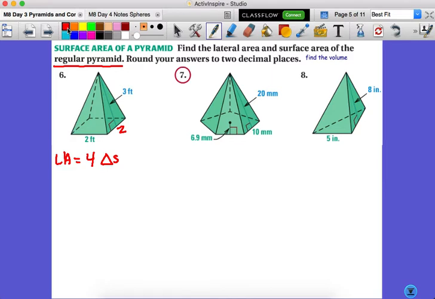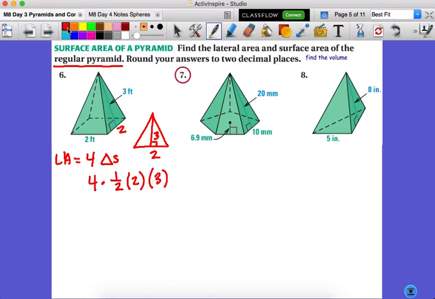So with that, looking at that triangle, I've got a height here of 3 for the triangle, I've got a base of 2. So with 4 triangles, I've got 4 times 1/2 base times height, or 4 times 1/2 times 2 times 3. I'm going to multiply all of that together and see what I get.